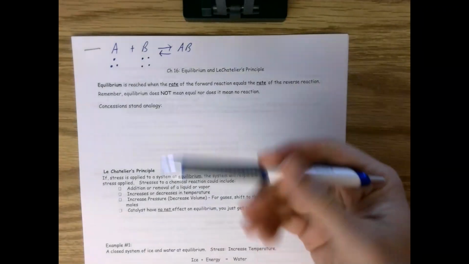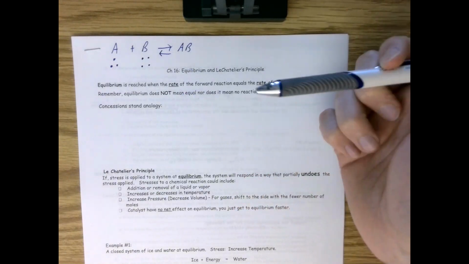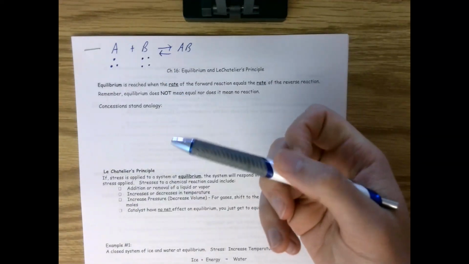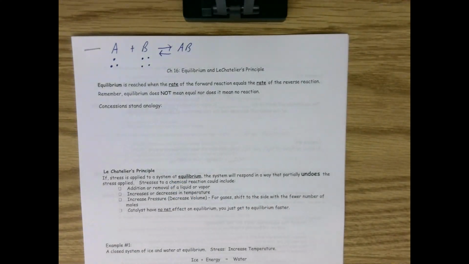So we said that if A plus B is synthesis, going the other direction is what type of reaction? Decomposition. Okay? So we know that synthesis and decomposition are opposites of each other.